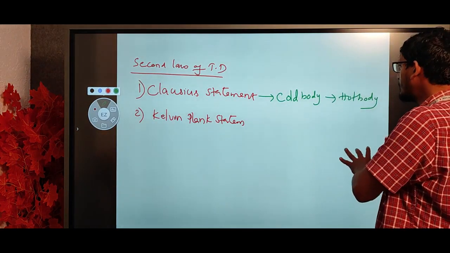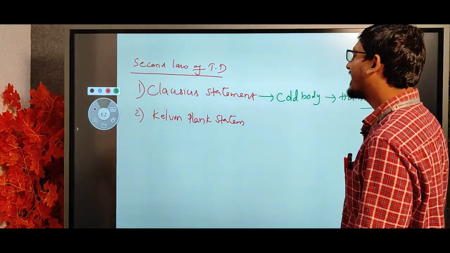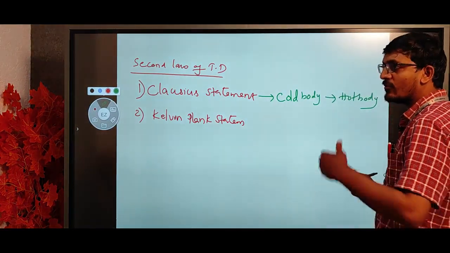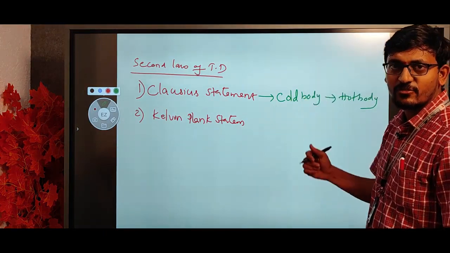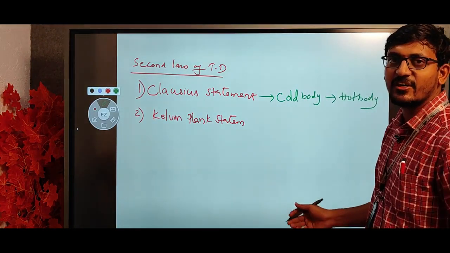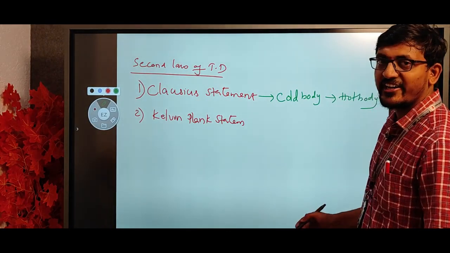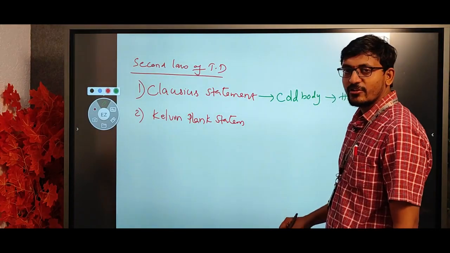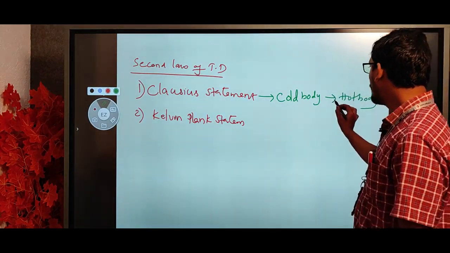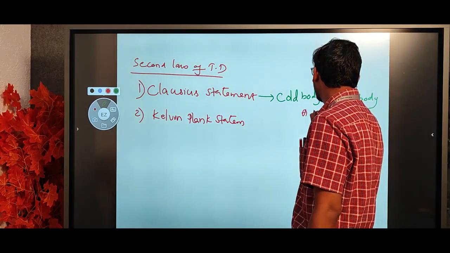Means it is possible to transfer heat from a hot body to a cold body. That is a natural process. How? The water flows from a higher region to a lower region. If you want to pump the water from a lower region to a higher region, we are supposed to use a pump. In this scenario also, if you transfer heat from a cold body to a hot body, we need an external assistance.